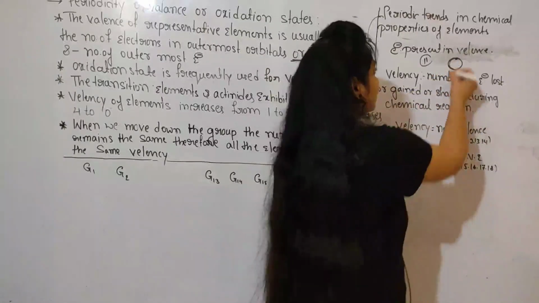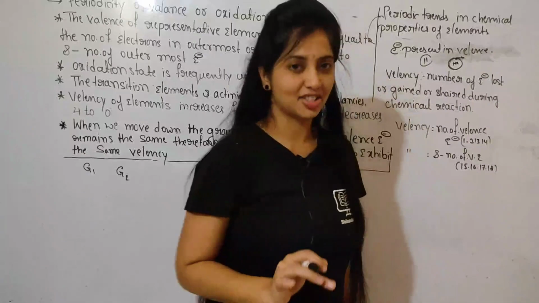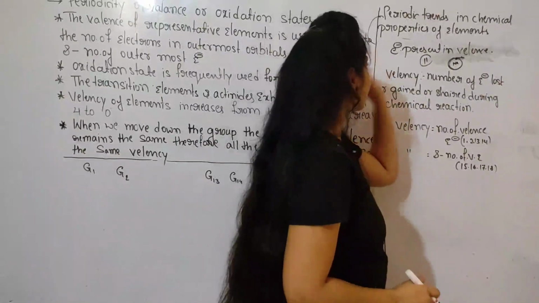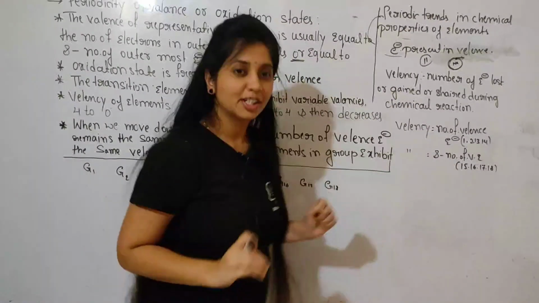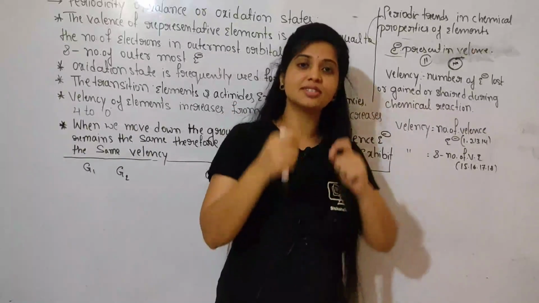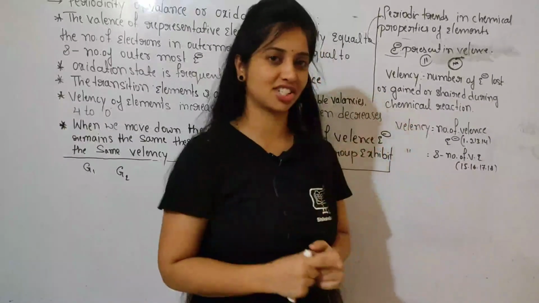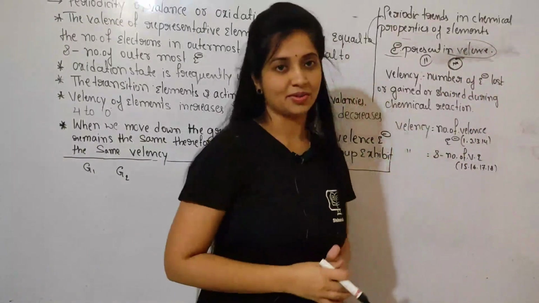So this electron is the valence electron. Once again, the valence electrons are the electrons present in the valence shell, the outermost shell.